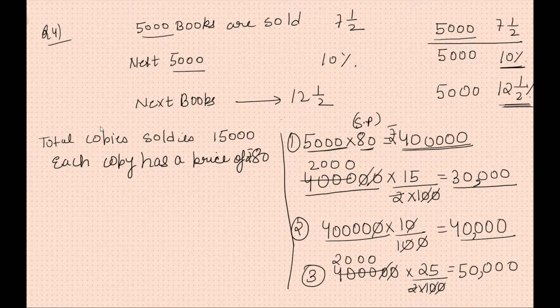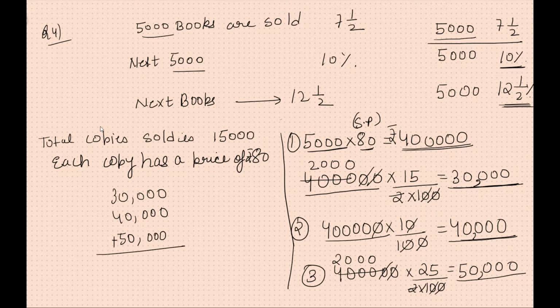So for the first batch he got 30,000, for the next batch he got 40,000, and for the last batch he got a royalty of 12.5%, so this is 50,000. So we will add these three, 30,000 plus 40,000 plus 50,000.